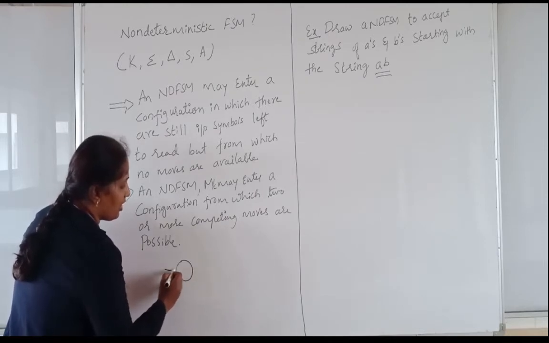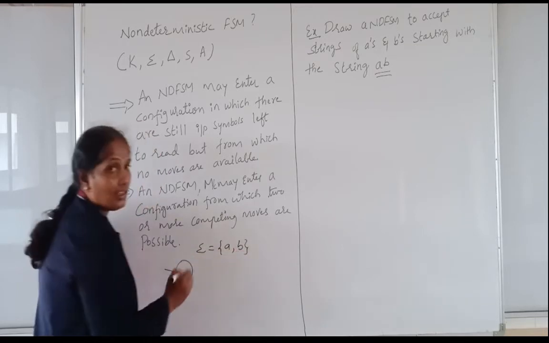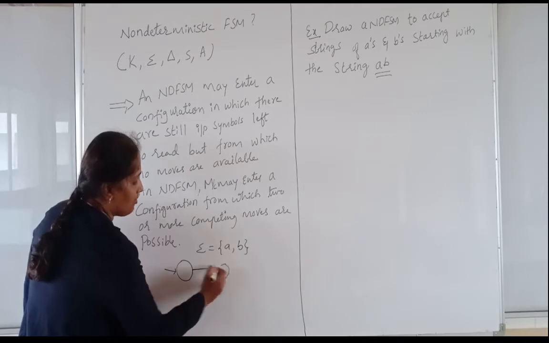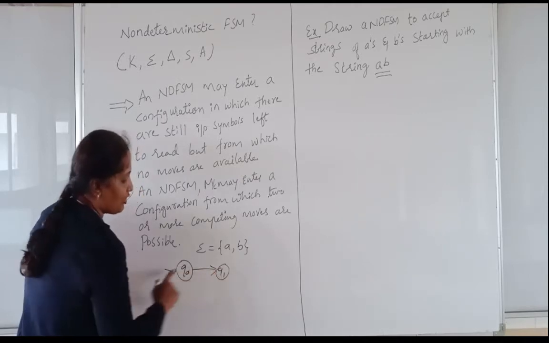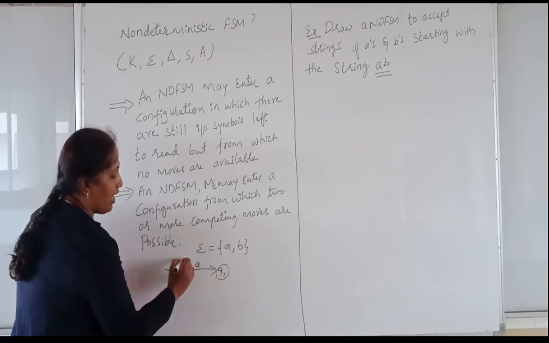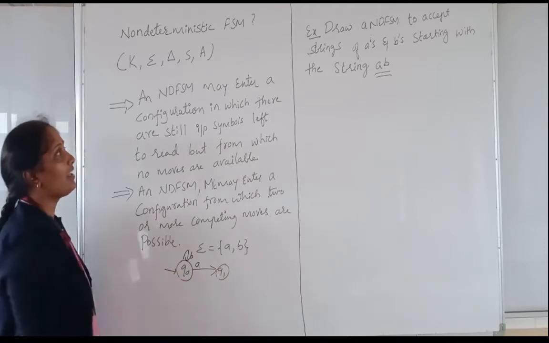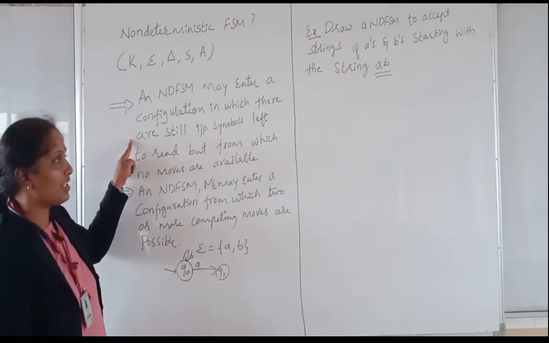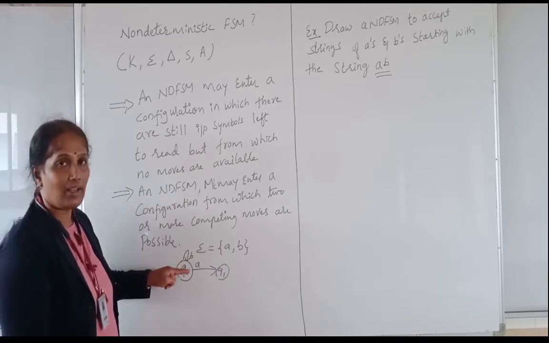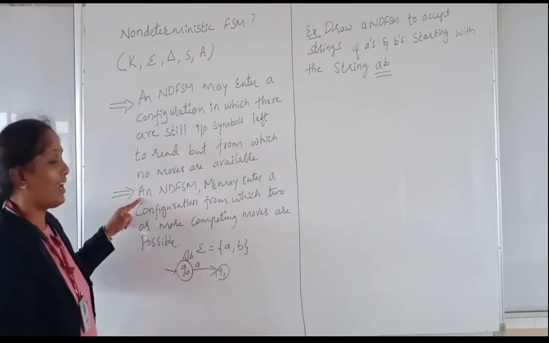If the alphabet set has symbols A and B, then you must show A and B transitions from a particular state. Assume Q0, Q1 states are there. You have to show the A and B transitions compulsorily from these states. But it is not so in NDFSM. Input alphabets are still there, but it is not compulsory to show the move for those alphabets.